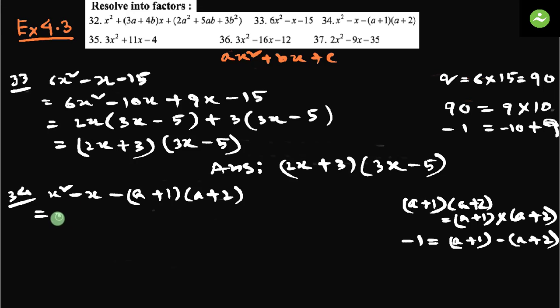Equals x square. Just we apply these two factors here and use this as the sum. So this will be (a plus 1) into x plus (a plus 1) into x minus (a plus 2) into x.